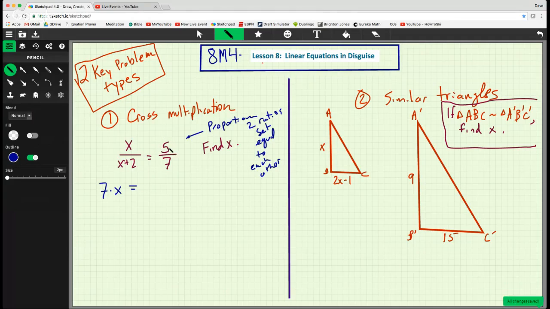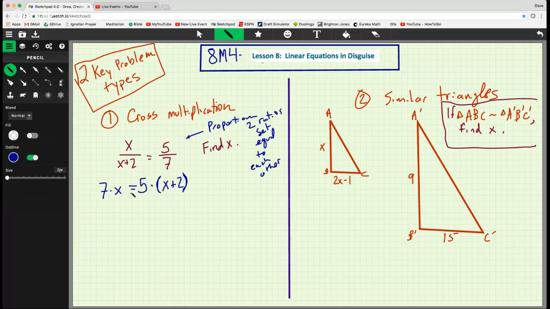If I multiply 5 times x plus 2, it needs to look like this. I don't really need the parentheses around the 5 because it's only one term, so it's all the same whether they're there or not. But it's very important that you have parentheses when you have two terms added together. And we're going to see this more and more today.